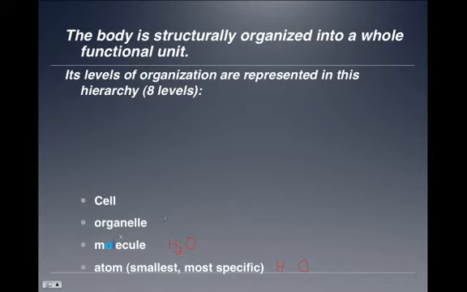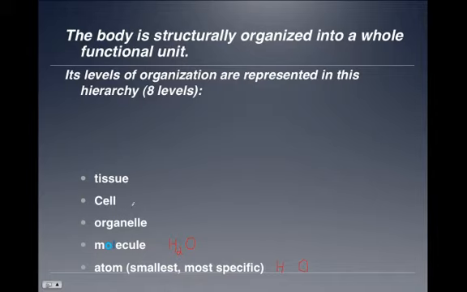And so, of course, when we put all of those organelles together, functioning together, they're going to make up the cell. And then, when we take, again, a group of cells and we put them close together, and those group of cells are actually working together for a common function, then those cells have made up a tissue layer.